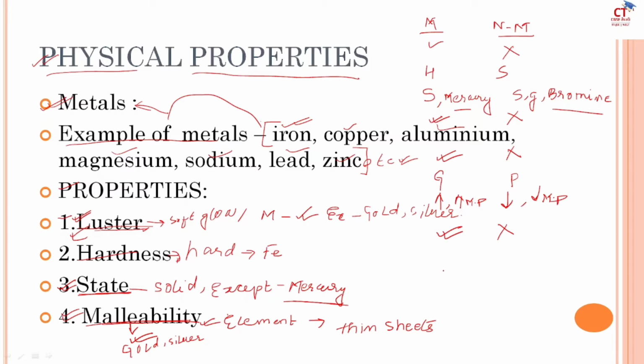And the last one is oxides. Metal oxides are basic, however non-metal oxides are acidic. So this is the comparison of all the physical properties. I hope you have understood and you will remember it.